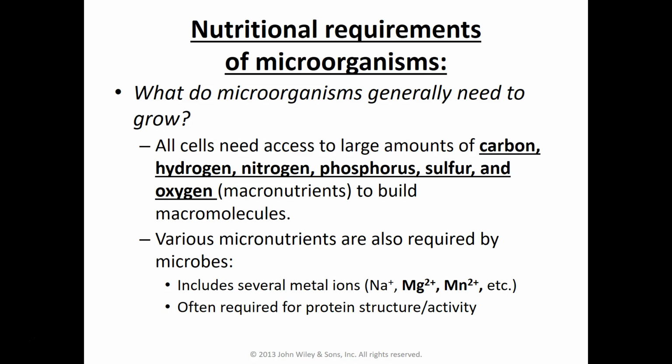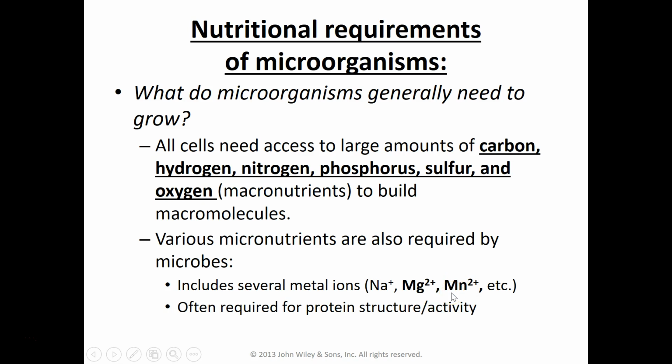Others are micronutrients. I just list a couple. I don't expect you guys to memorize the list, but I list a couple so you're familiar with them. Notice most of them are usually in their ionic form. A lot of them are metals, right? So Na, anyone know what that is? Sodium, right? Mg, magnesium, that's a big one. Mn, manganese, right?